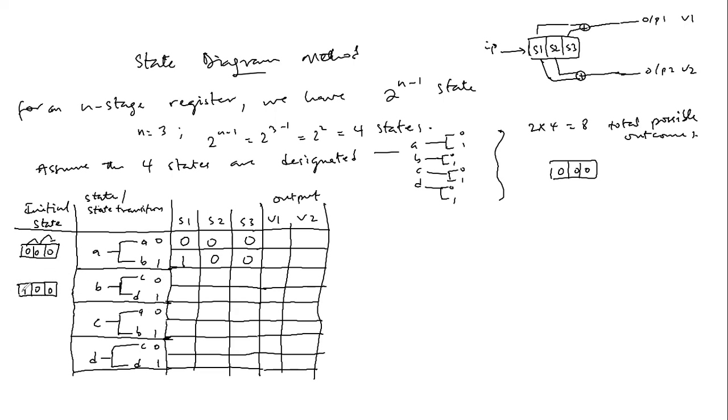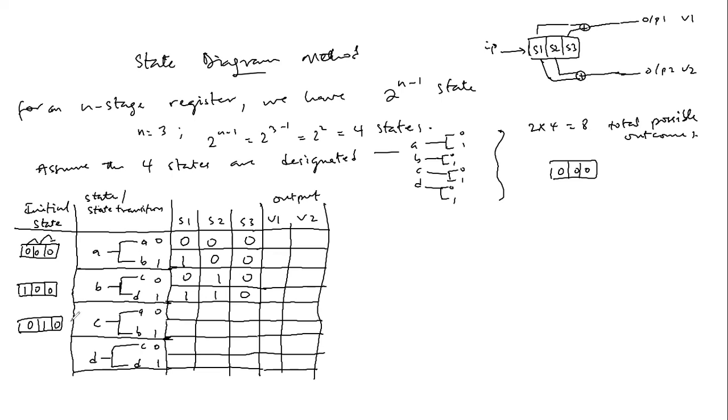When we feed in a 0 here, S1 will hold on to the 0, and that will shift, so that will be 1, 0. And when we feed in a 1 here, S1 holds on to 1, and the 1 shifts to register 2: 1, 1, 0. Okay, and now in C, the initial state is now 0, 1, 0, right?